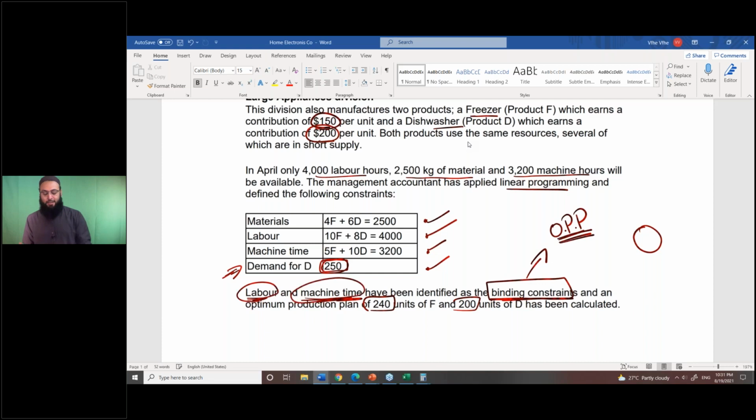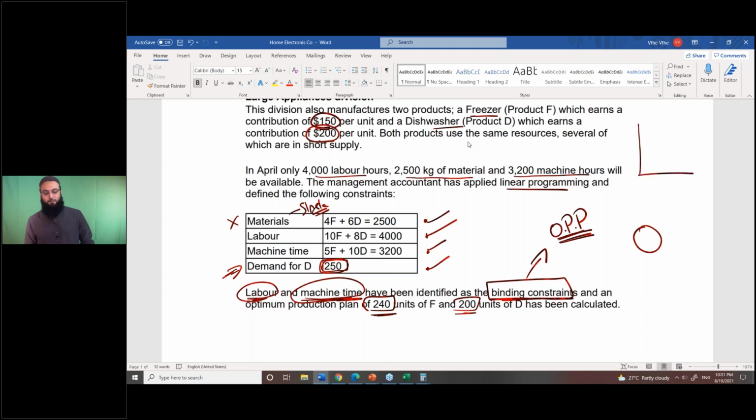This means the optimum production plan and your optimum answer was on the lines of machine and labor and not on materials, which means material is a limiting factor, but your optimum point is not there. So when your optimum point is not on any resource line, there is slack. There is slack, always slack. Underutilization is there.